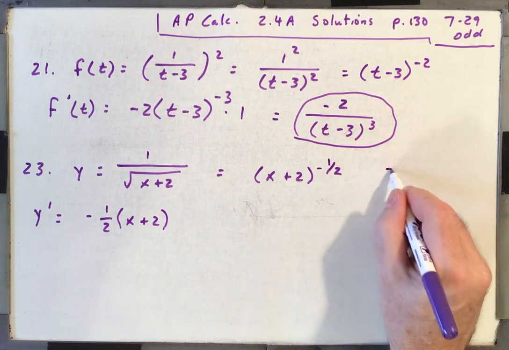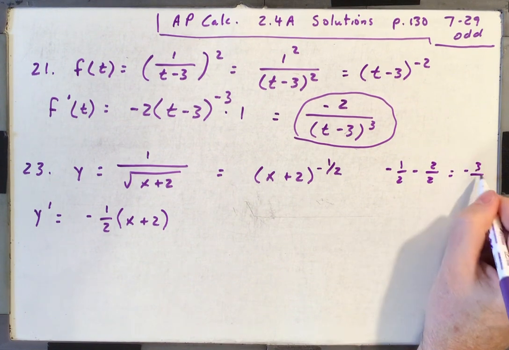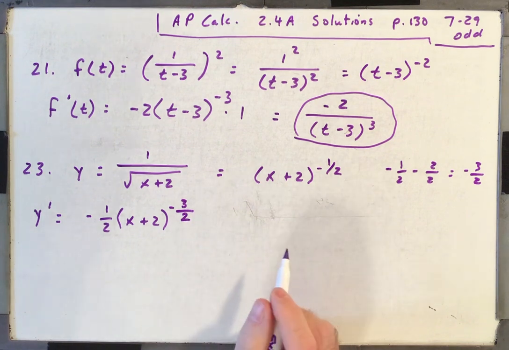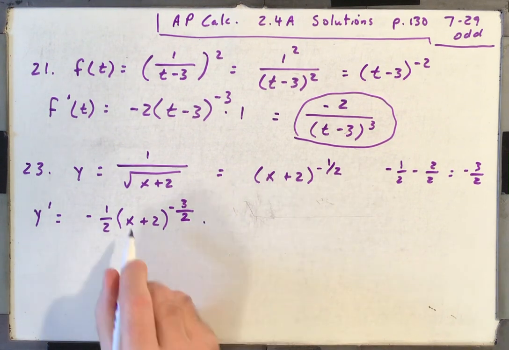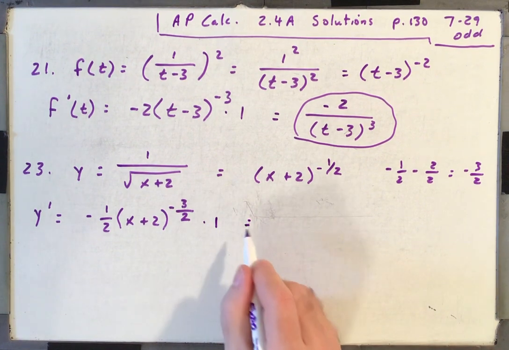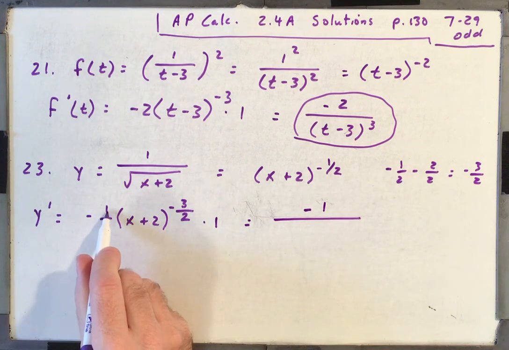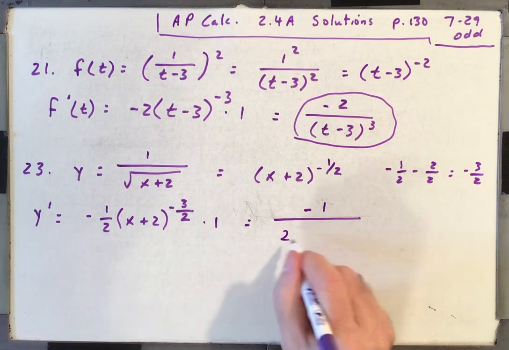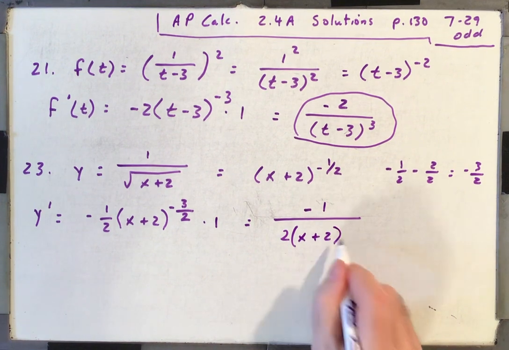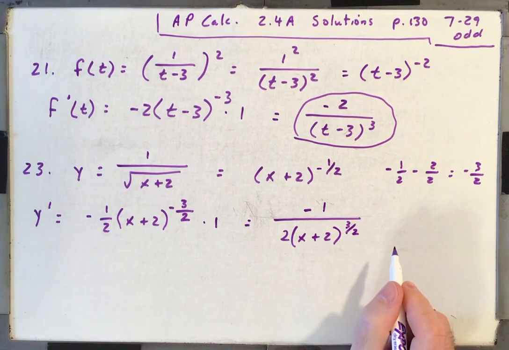Negative 1/2 minus 2/2 would be negative 3/2, right? So negative 3/2 times the derivative of the blob, this inner function, which is just 1. So that's going to be negative 1, because that negative 1 stays on top, over 2 times x plus 2 to the positive 3/2 power.